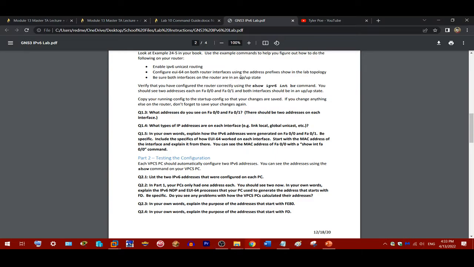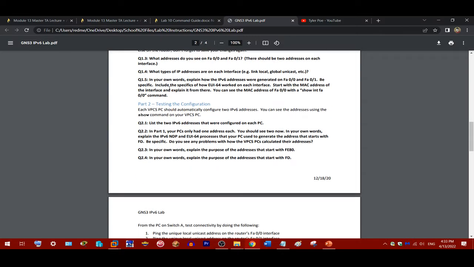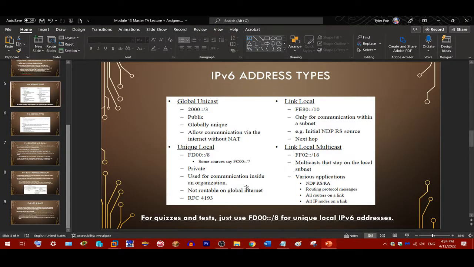You'll need to make sure to do a no shutdown command in the router interfaces as well. And then after that, you'll be discussing the addresses and how they were created. Again, the EUI-64 process is discussed in the textbook and PowerPoint. Also, for the types of IPv6 addresses, take a look at my PowerPoint table, and compare that to what you see in the router, or the show command.